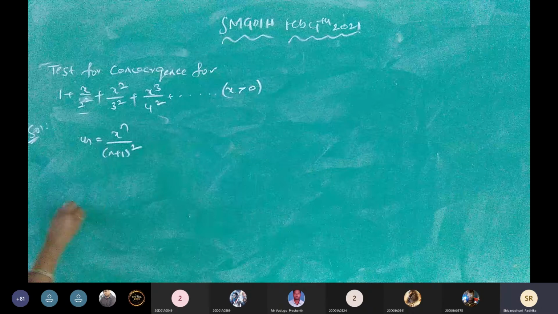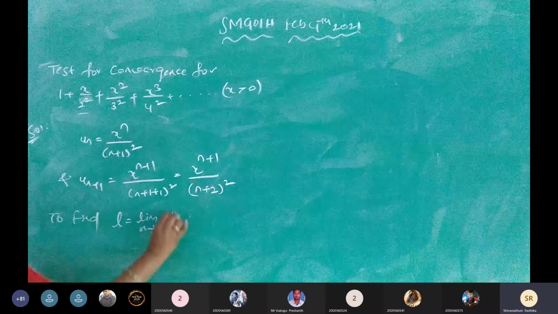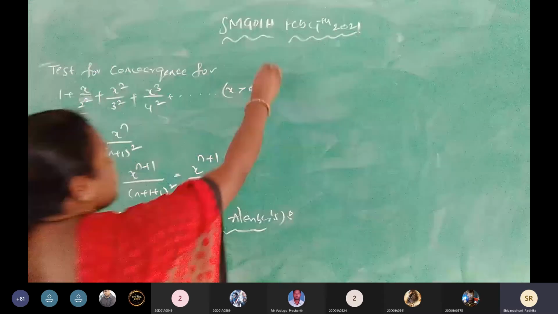That is un plus 1. Now to find limit n tends to infinity un by un plus 1 by D'Alembert's. It is clear now? Now again finding the limit n tends to infinity un by un plus 1.